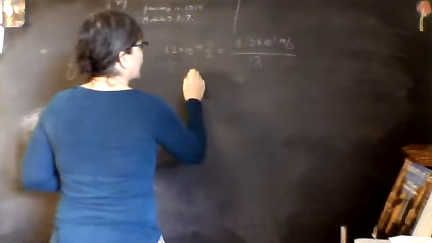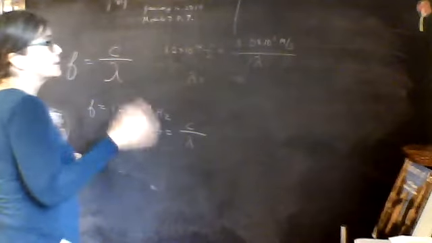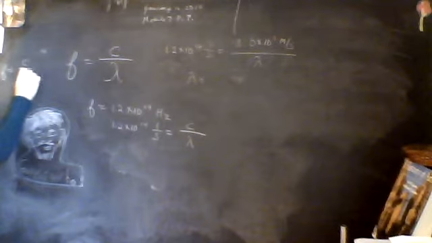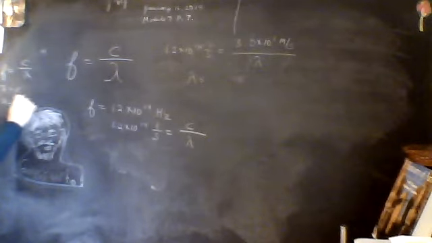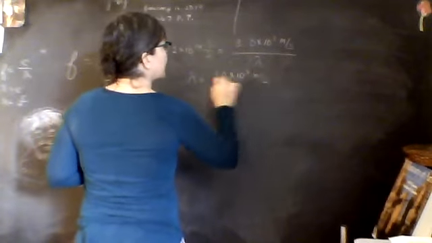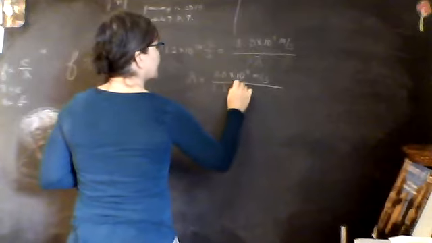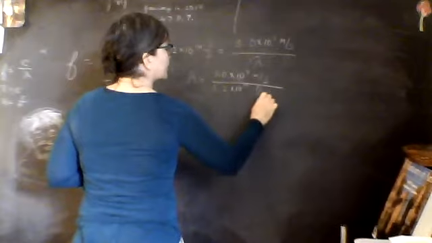So how do we solve for the wavelength? Let's just reset our problem here. f equals c over wavelength. Therefore, f times wavelength equals c. Therefore, wavelength equals c over f. So we have 3.0 times 10 to the 8th meters per second divided by 1.2 times 10 to the 14th 1 per second.